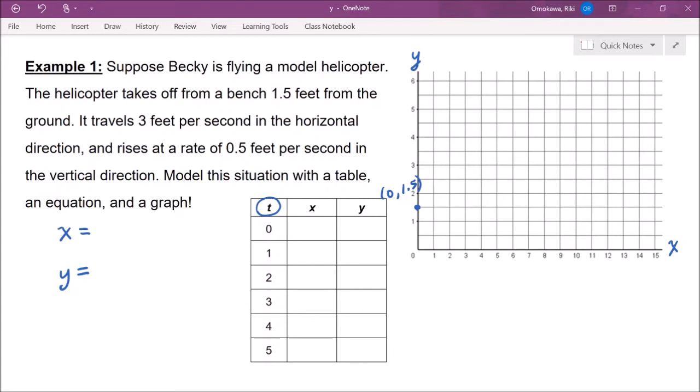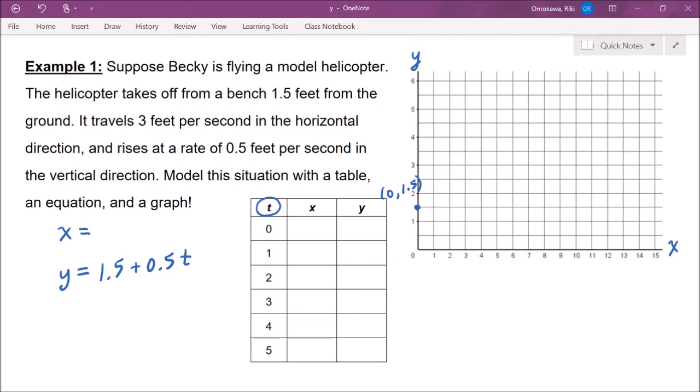The helicopter starts at 1.5 feet above the ground, right? And then it says rises at a rate of 0.5 feet per second. So rises, its height is increasing, so plus 0.5 per second, so 0.5 per t, 0.5 times t. And there's our equation for the vertical movement.